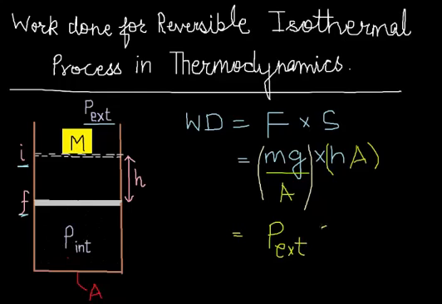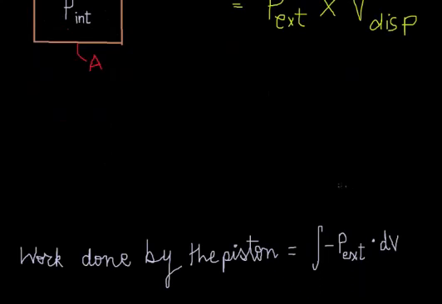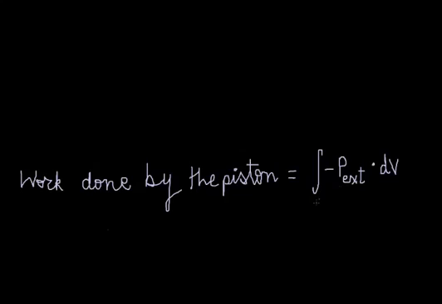The second quantity is h into A, the area of cross section. This is nothing but the volume displaced by the piston as it sinks down from position I to position F. So we can say that the work done is given by Pext into the volume displaced. Therefore, the work done by the piston is the integral of minus Pext dV, where dV is the change in volume.